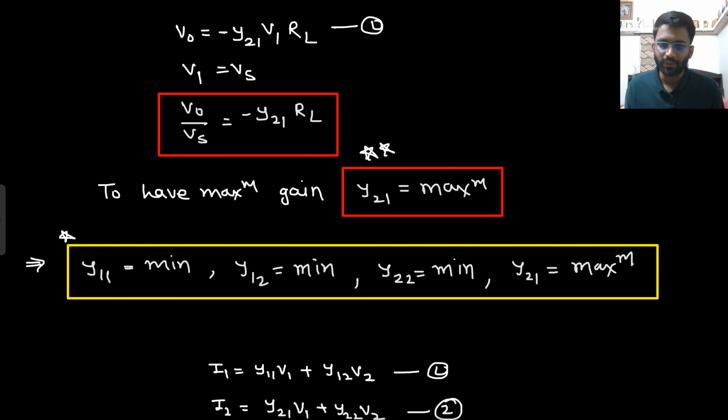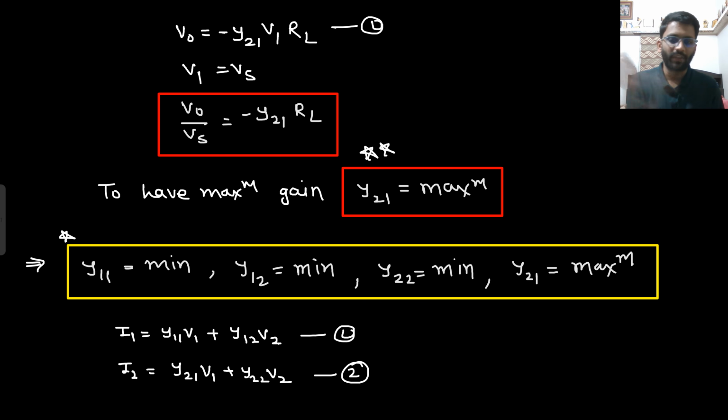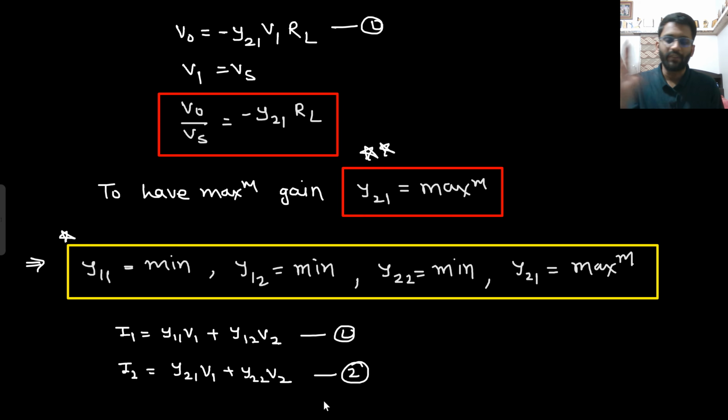Now let's copy those equations again and find out what our y11, y12, y21, and y22 are. So tell me, what is y11? Y11 is delta I1 by delta V1 with V2 being constant. Do you agree with this?